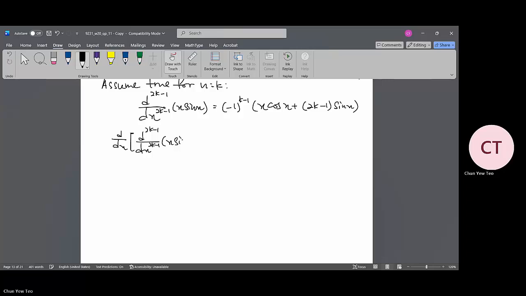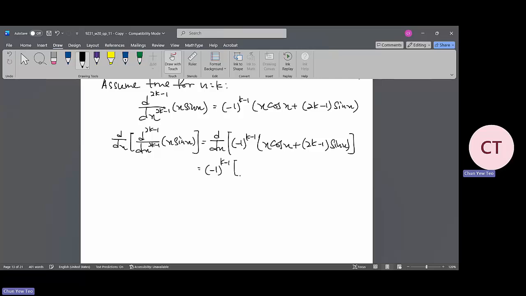X psi x. Then this one differentiate negative 1 power k minus 1 x cos x plus the 2k minus 1 sine x. So this will give you negative k plus 1.